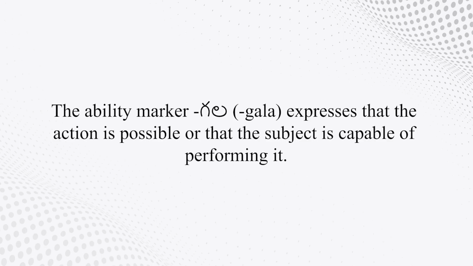The ability marker gala expresses that the action is possible or that the subject is capable of performing it. The personal suffix changes according to the subject, person, number, gender and respect, and it can also indicate non-human plural subjects.